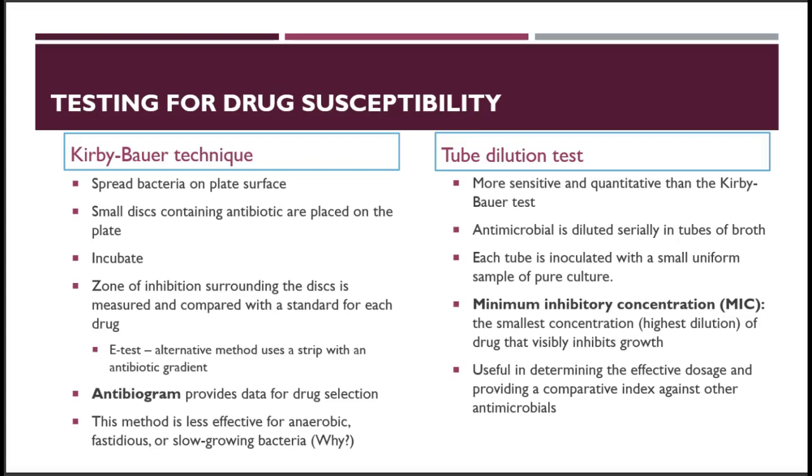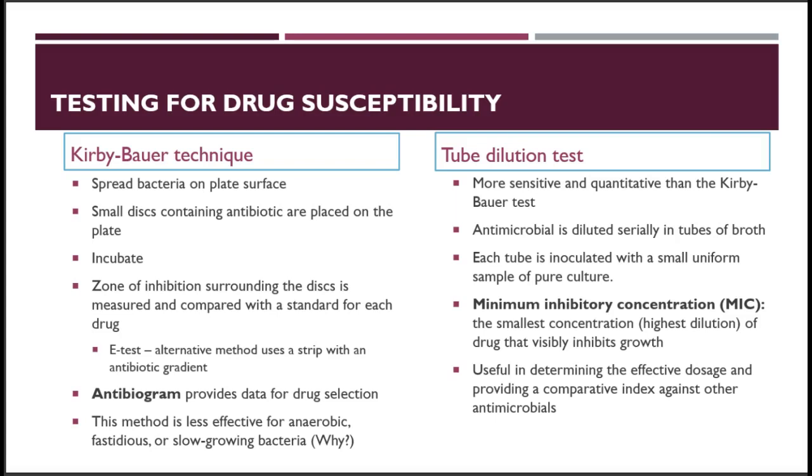So there are additional steps that have to be taken in order to create that kind of environment. Fastidious organisms are organisms that historically are difficult to grow in the laboratory because of their nutritional requirements. So using the Kirby-Bauer technique is difficult for those organisms.